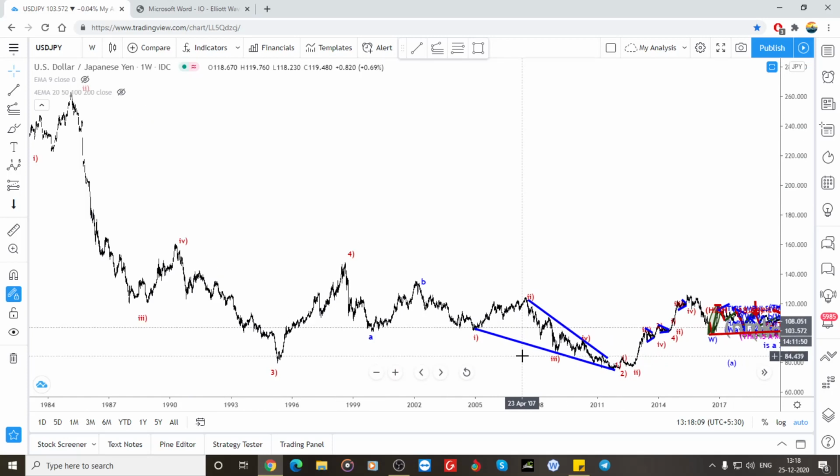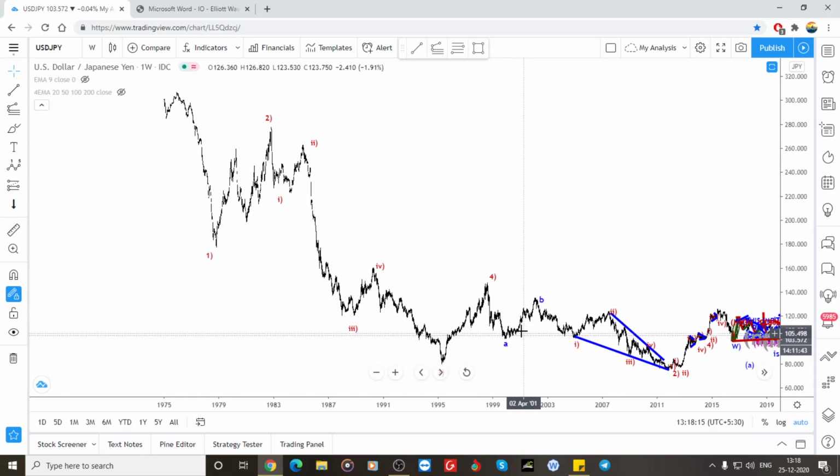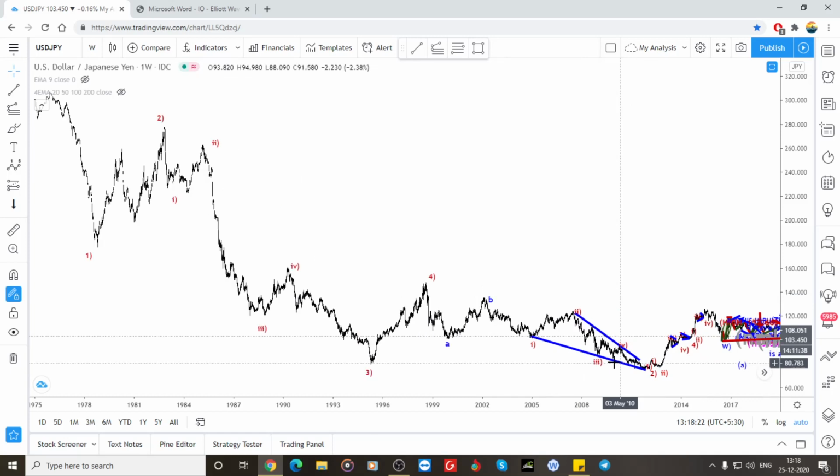Each and every point is very important, has to be noted. So ending diagonal happens only at the end of the trend in the fifth wave or in the C wave. So after the fourth, that A, B, C we will see later. So here is the ending diagonal and the fifth wave is also completed.